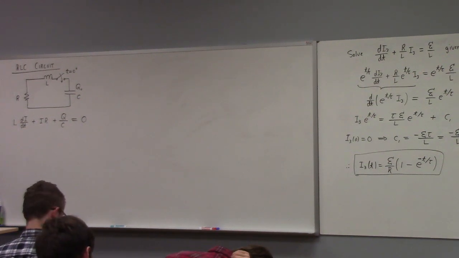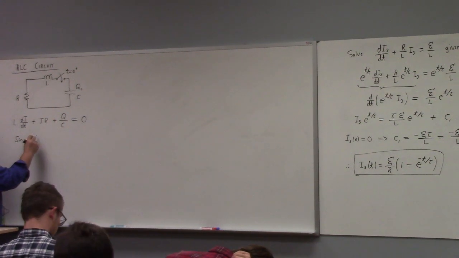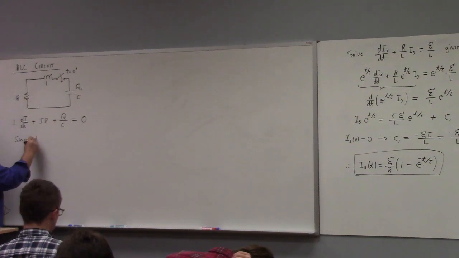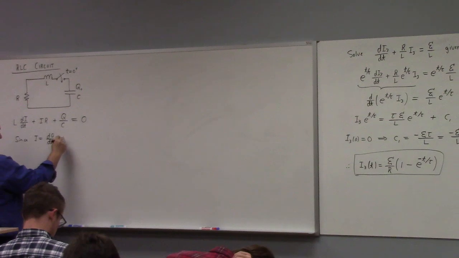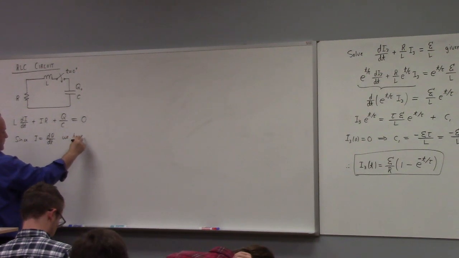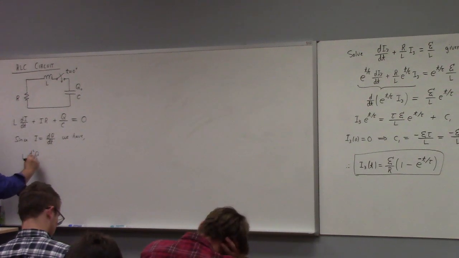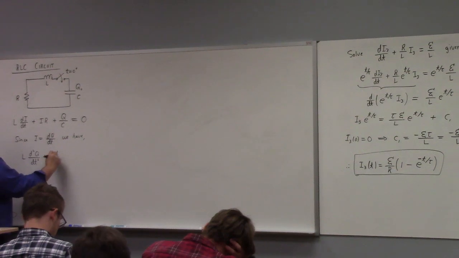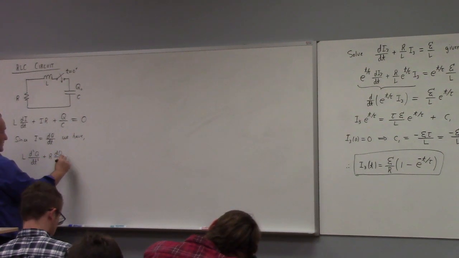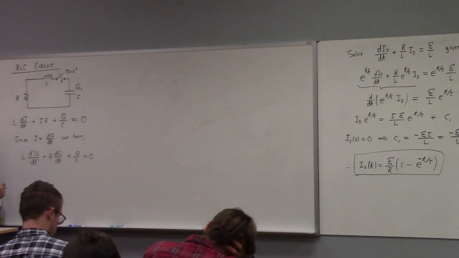Okay, but what is this? Well, since I is equal to dq/dt in this context, what do we have? We have L d squared q/dt squared plus R dq/dt plus q over C is equal to 0.